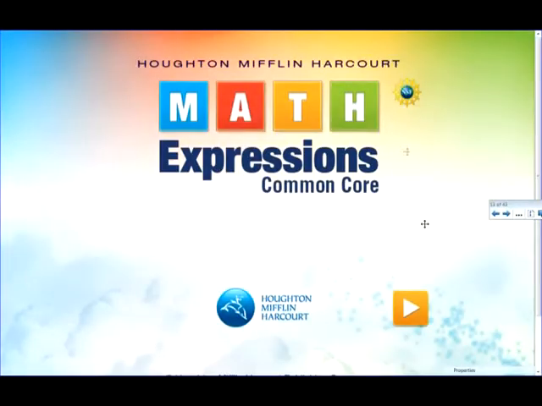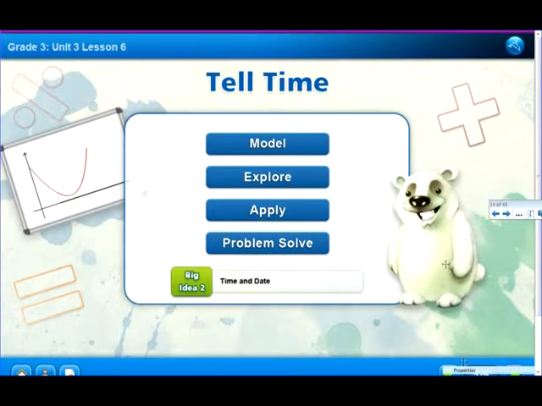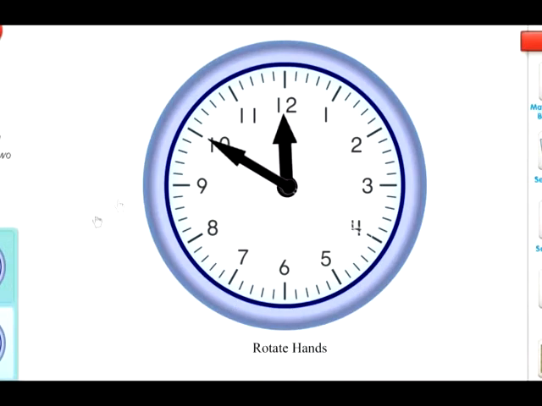Well, remember to practice, but let's get going on how to do the clock. Now, the clock right here, we're going to be able to rotate the hands around so we can figure out how to do this. We do this almost daily, and we, meaning you, are getting pretty good at telling time.